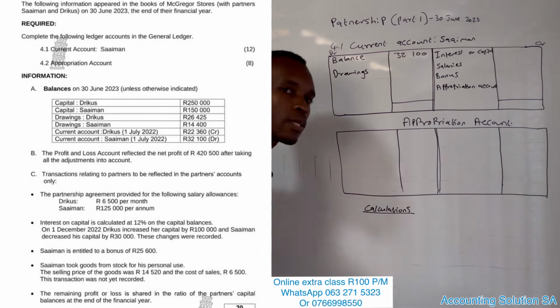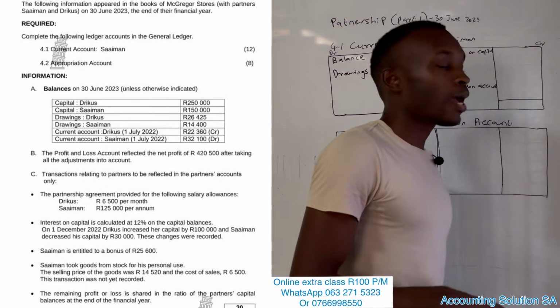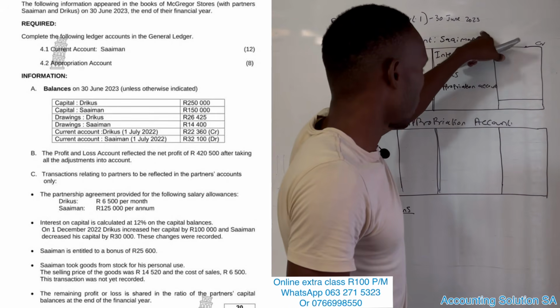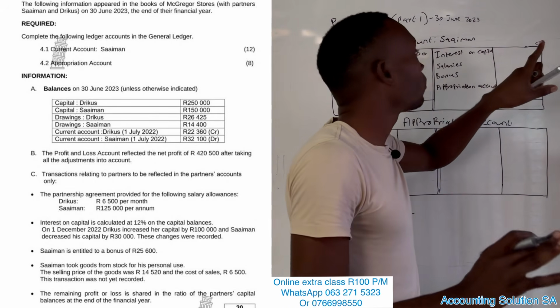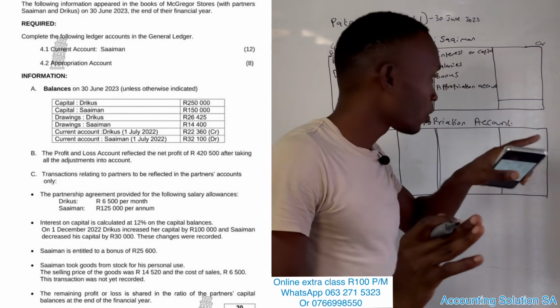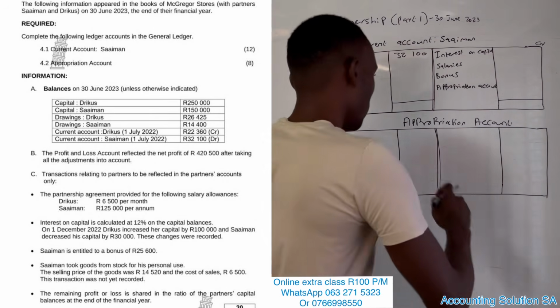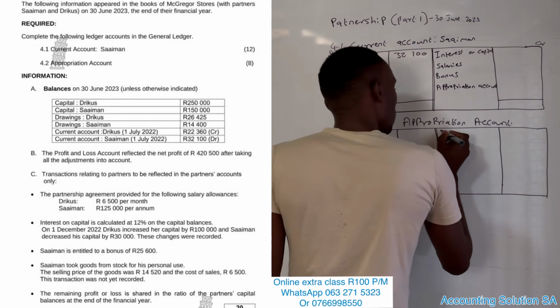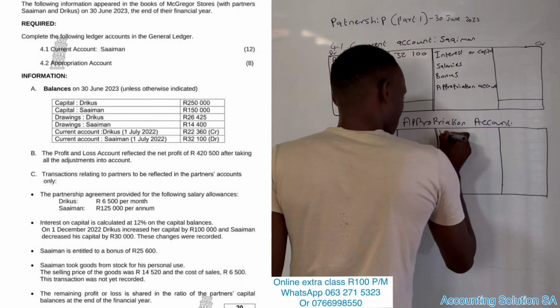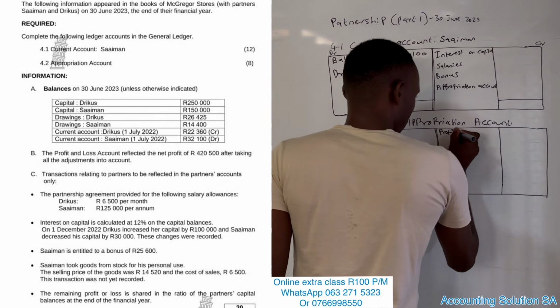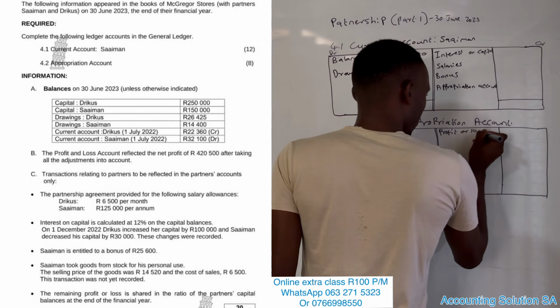Under the appropriation account, remember guys, I said that this one is for Simon only. Salary for Simon only, bonus for Simon only. You don't include the other partner. Now in the appropriation account, you always credit profit or loss on this side.